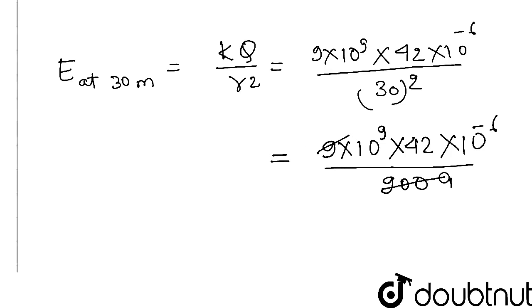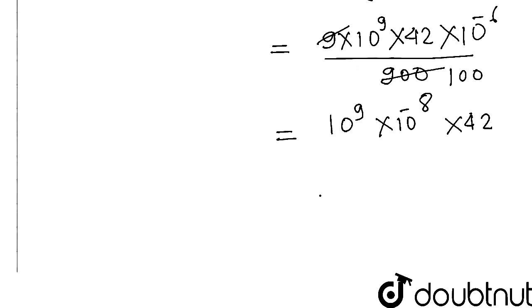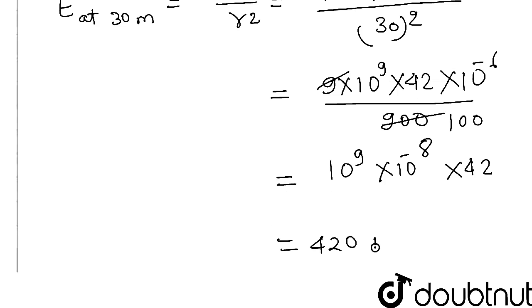This cancels by 100, giving 10 to the power 9 into 10 to the power minus 8 into 42, which is 10 multiplied by 42, that is 420 Newton per coulomb.